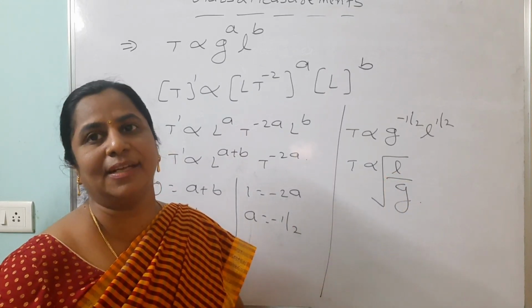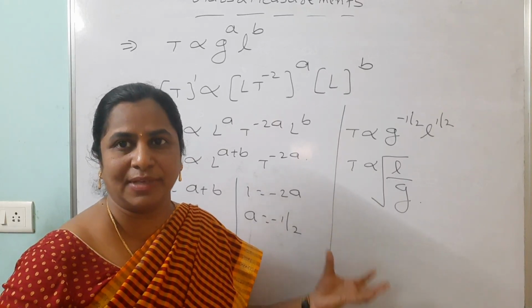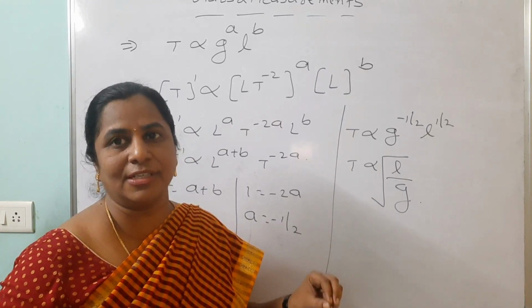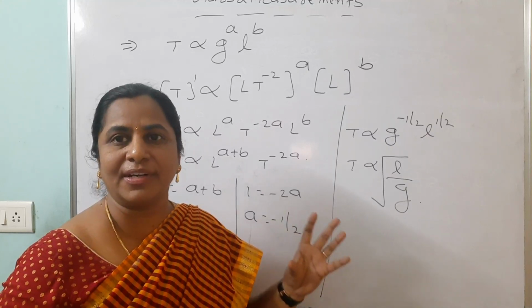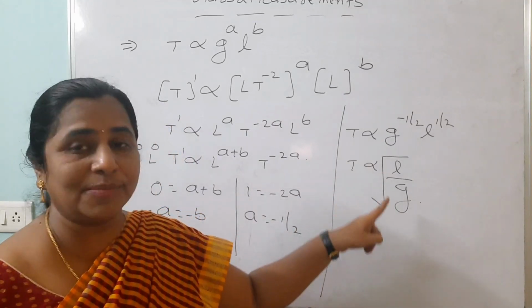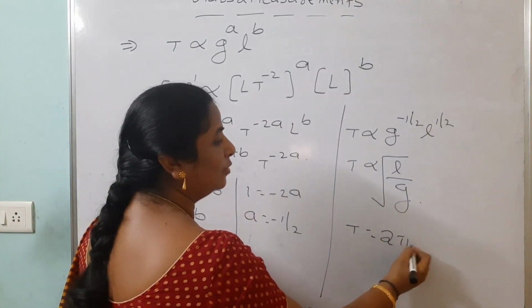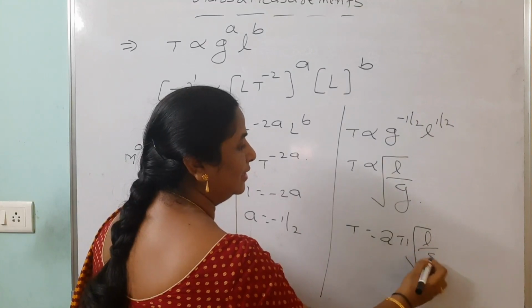So this is the third application. Like that, there are many problems. With the help of this concept you can practice it. And the last concept from the day 1 topic is the limitations of units and measurements. See, when you are observing this formula, the general formula is T equals 2 pi into under root L by g.